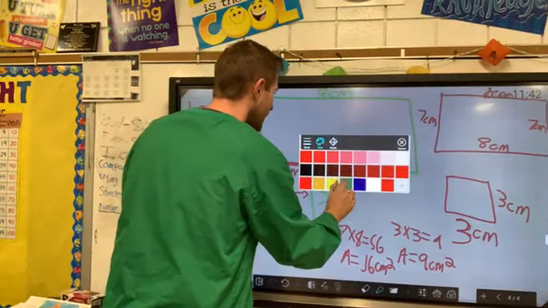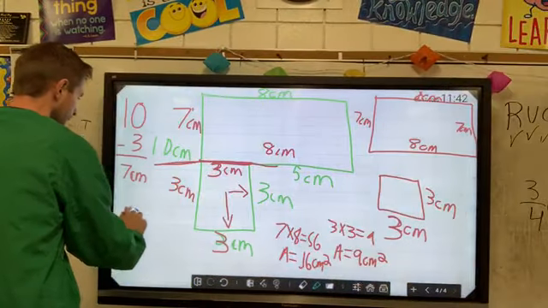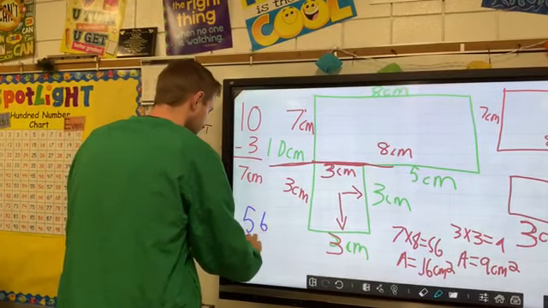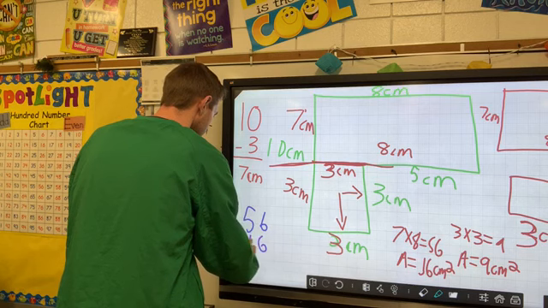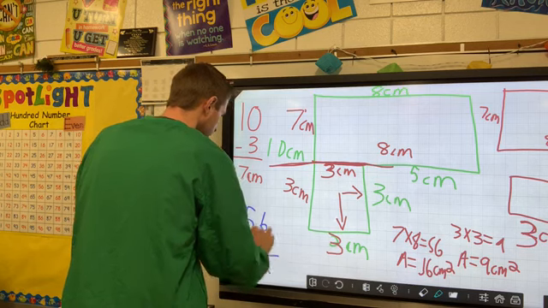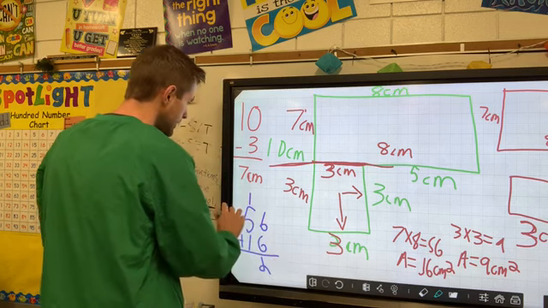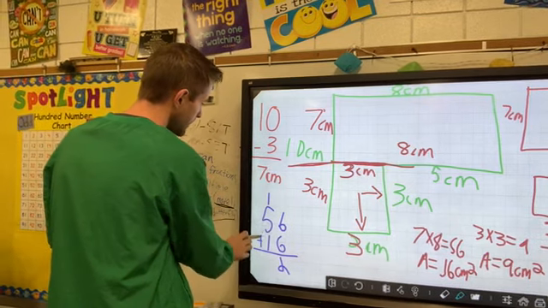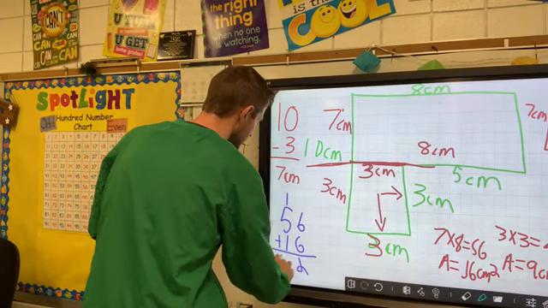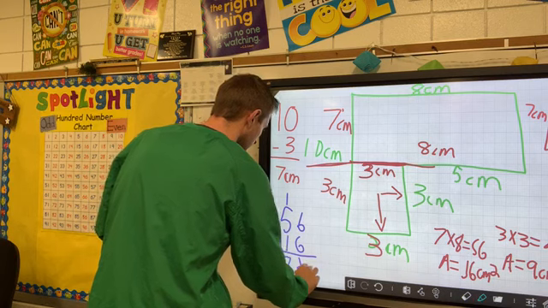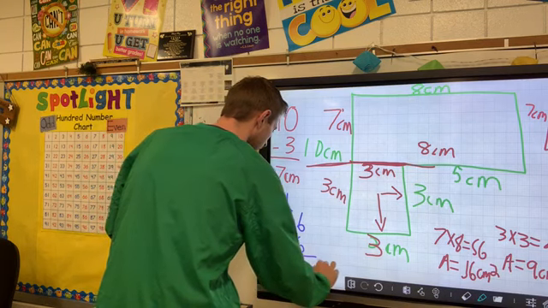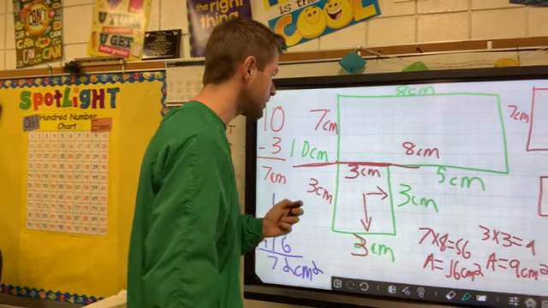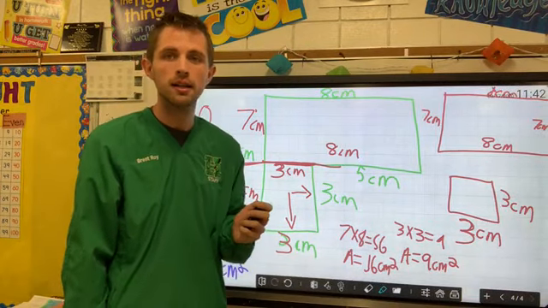So I'm going to have to add 56 plus 16. 6 plus 6 is 12. Put my 10 in my 10 spot. 10 plus 5 is going to give me 70. So my area for the whole thing is 72 centimeters squared.